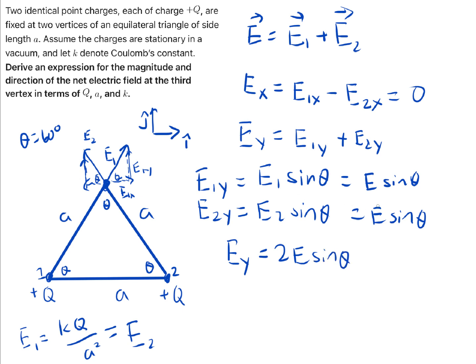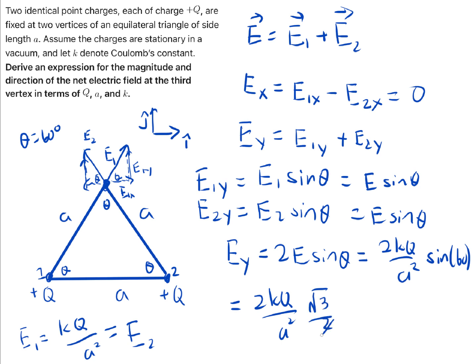Now let's plug in our values. E is kq over a squared. That's what we derived here. The angle theta is 60 degrees, and sine of 60 is square root 3 over 2. The 2's cancel, so the final y component is kq times the square root of 3 over a squared.